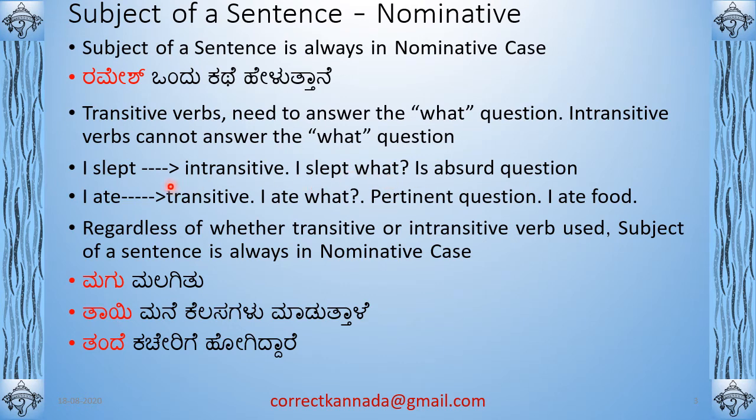So a verb or sentence that doesn't need any object is called an intransitive verb or intransitive sentence. For example, I ate is transitive. I can always ask, I ate what? You answer, I ate food. So food is the object, and that's a transitive verb.